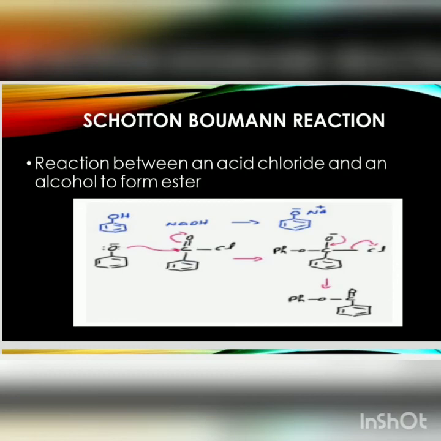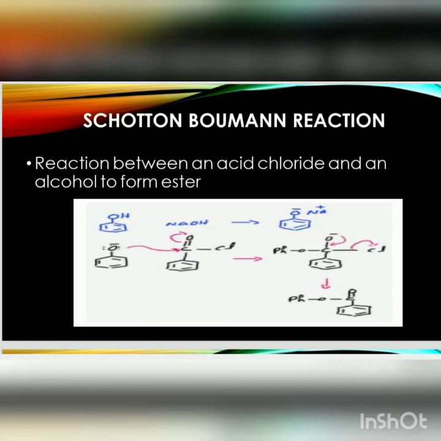This type of reaction is known as the Schotten-Baumann reaction. What is the Schotten-Baumann reaction? Phenols react with acid chlorides to form esters. In the reaction, phenol plus NaOH gives sodium phenoxide. This sodium phenoxide reacts with benzoyl chloride and forms an ester.